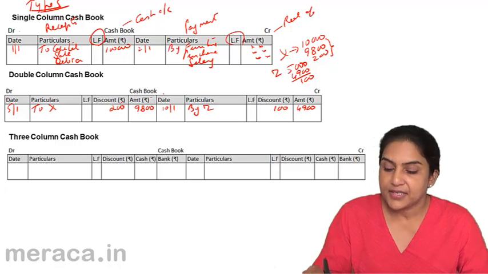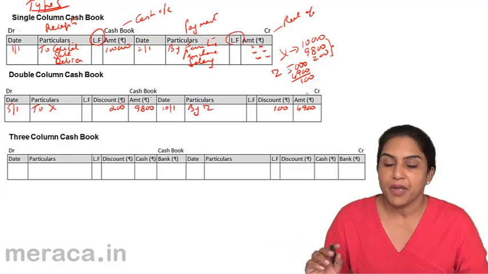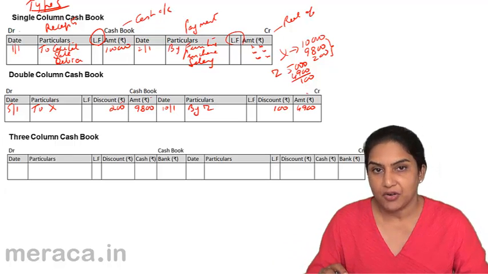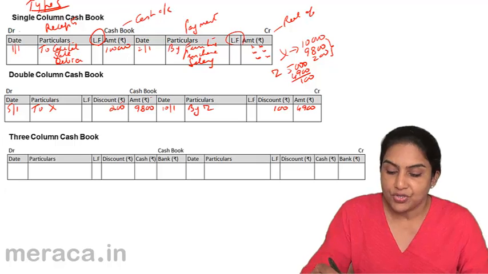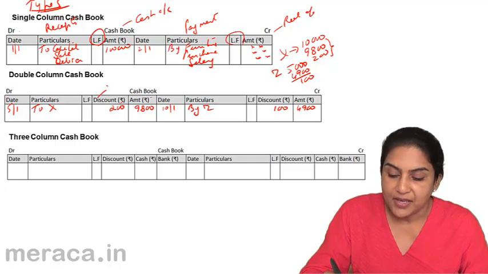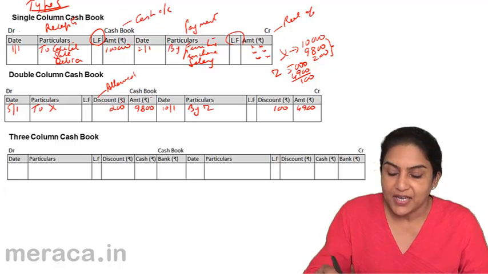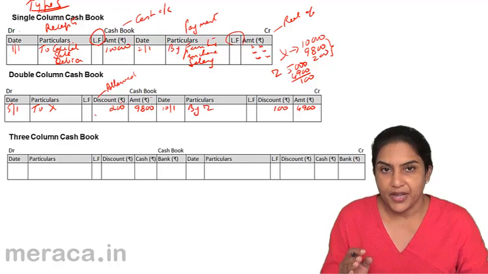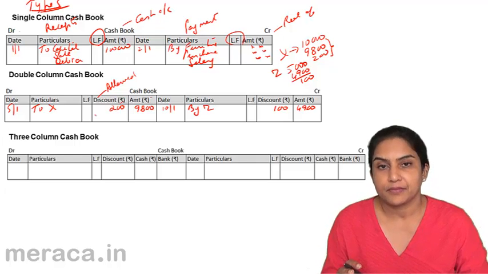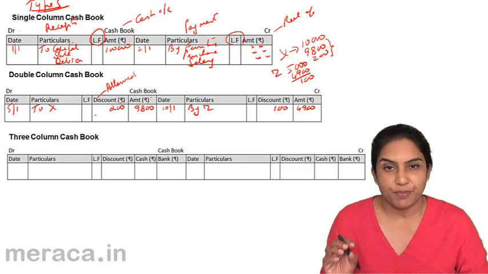Here, this column, the cash column, represents the cash account. This discount is nothing but discount allowed because we receive payment, we receive less. The discount column on the debit side is a discount allowed, an expense account.